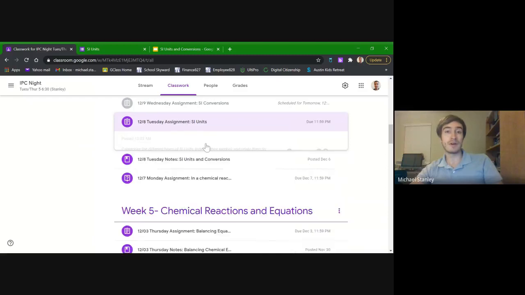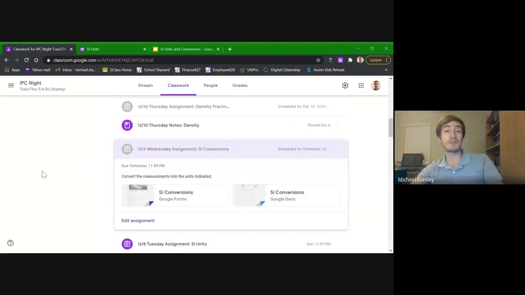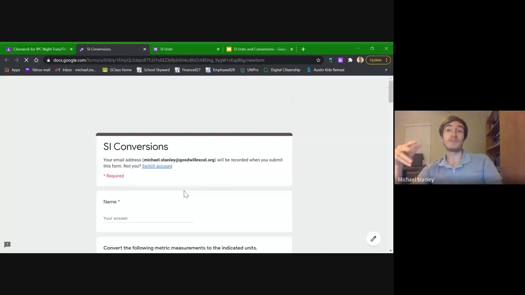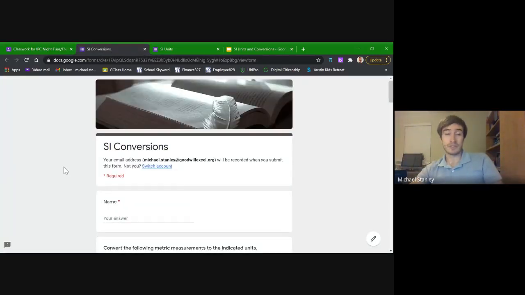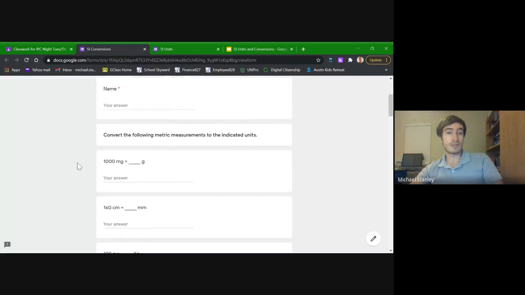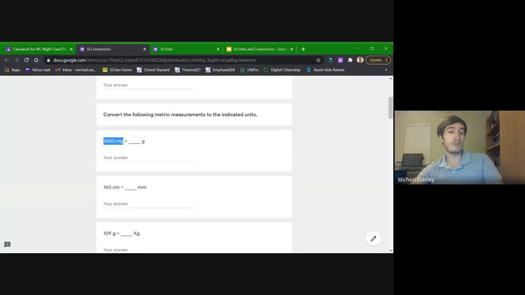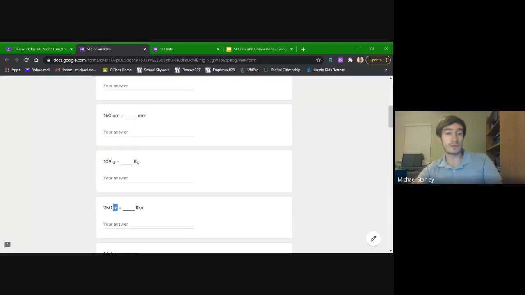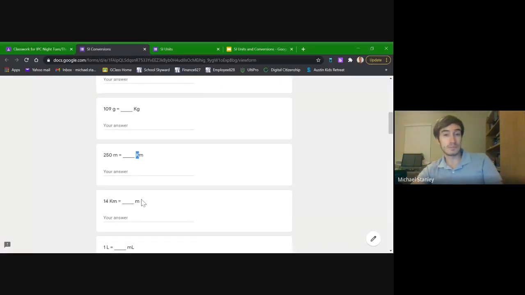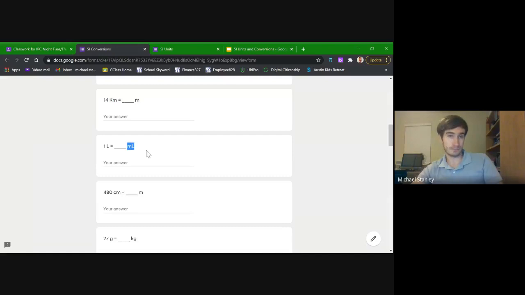And then the assignment for tomorrow is all about doing those conversions that we were just looking at. So it gives you a starting unit and it asks you to convert it into a particular unit, whether you're going from milligrams to grams or meters to kilometers or liters to milliliters.